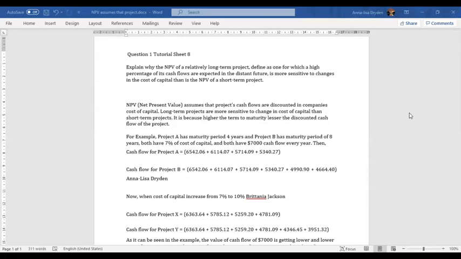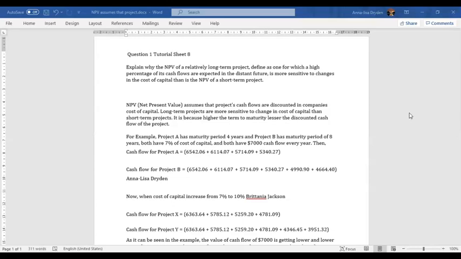NPV, which is known as net present value, assumes that the project cash flows are discounted at the company's cost of capital.